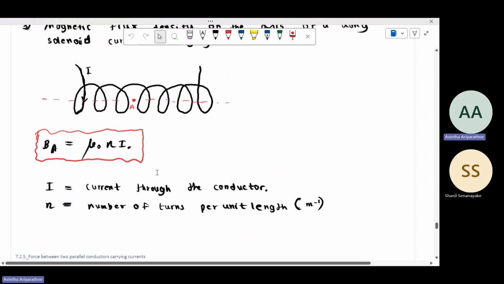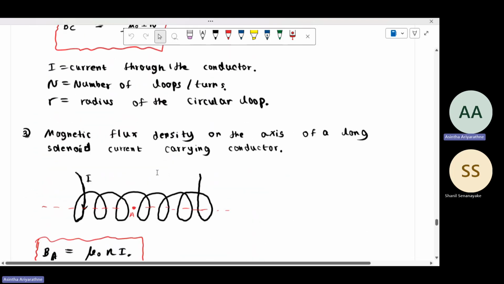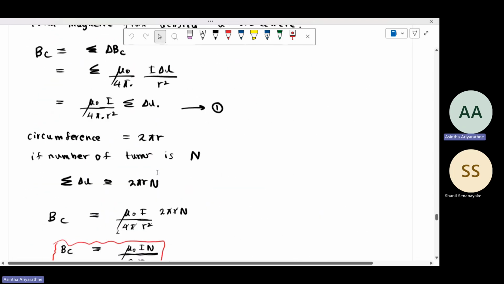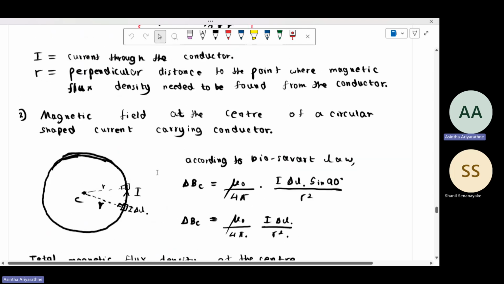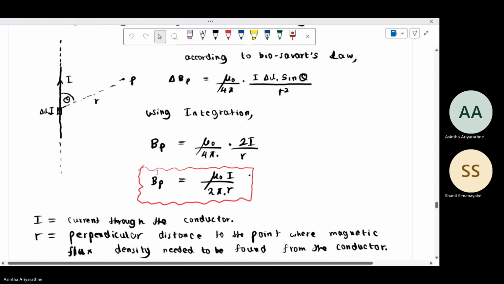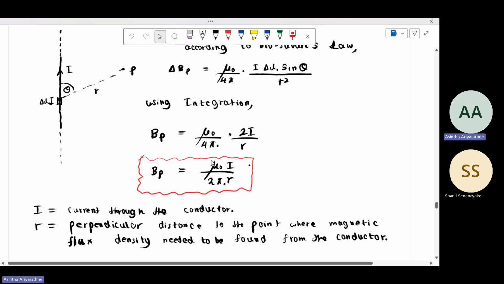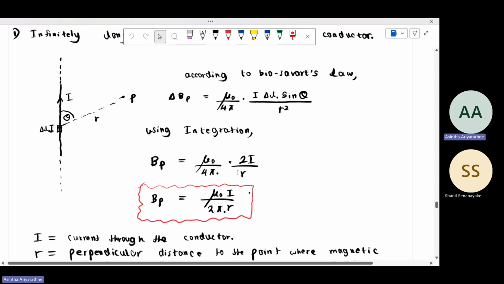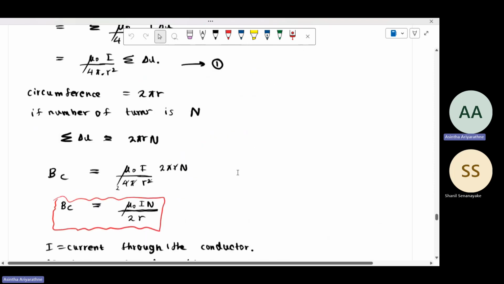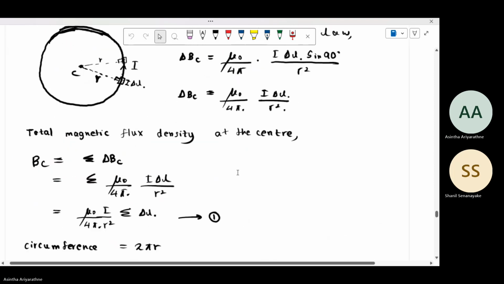So it is better you remember this. The second one can be derived easily. If you know the integration, you may try to derive this as a first expression.